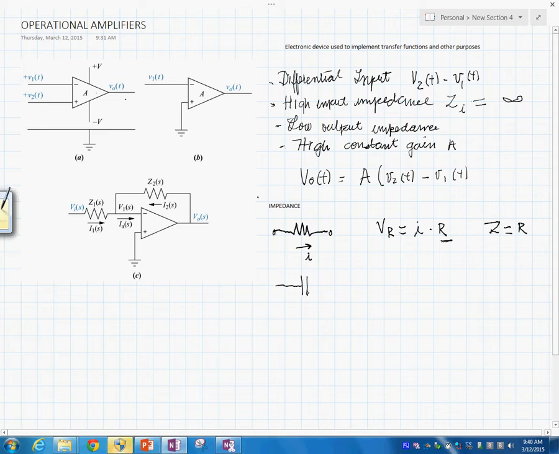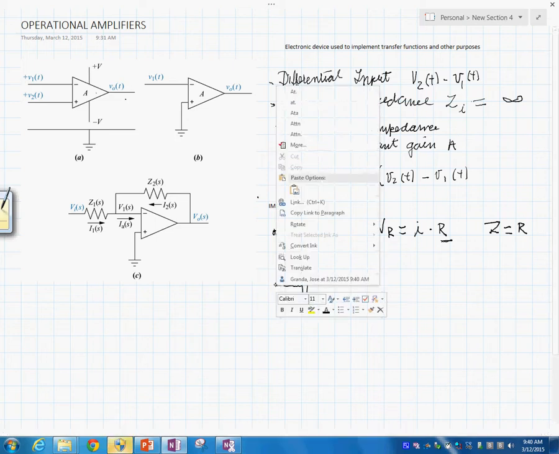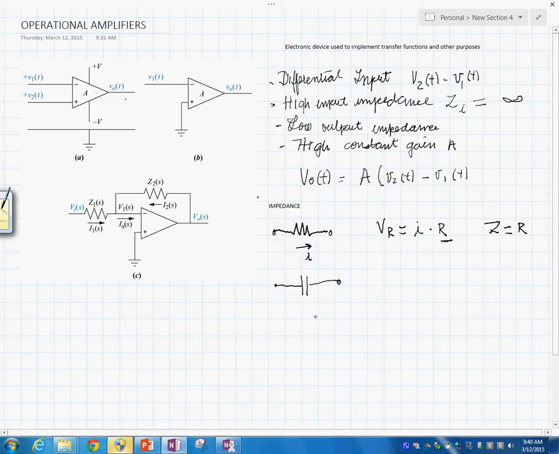But let's say we change. We have now this capacitor here, and you have the current I circulating here. What is the voltage across the capacitor? This is 1 over C times the integral of I dt, right?